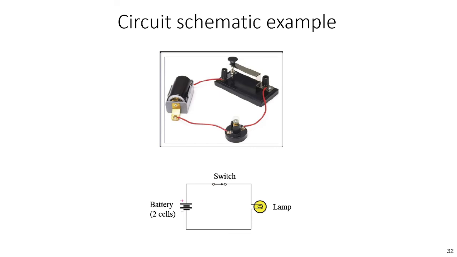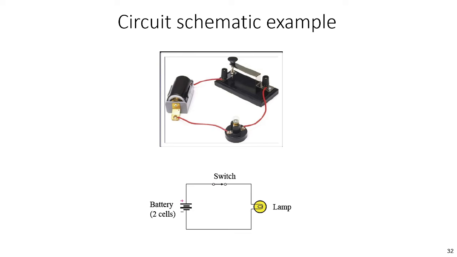And this is an example of a circuit schematic diagram. The above figure is the actual device, but when an electrical engineer computes this circuit, we draw it in a circuit diagram using the symbols below.